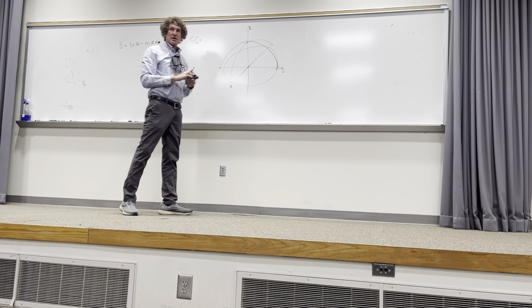What is AR dot AR? 1. All right, now the only one that survives would be A theta dot A theta because they're the same unit vector, right? A theta into AR is 0, A theta into A theta is 1, A theta into A phi is 0. So the only term I'm going to put there is this term.